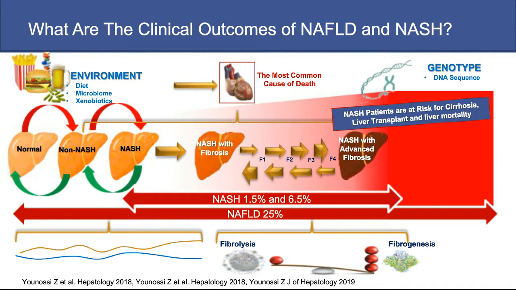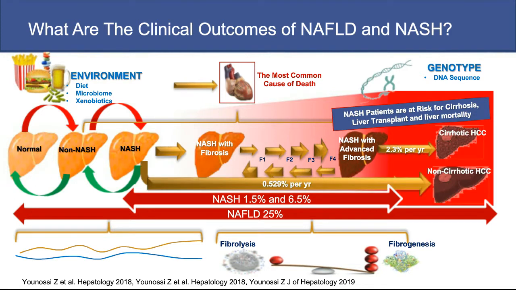Now, patients with non-alcoholic steatohepatitis can also develop liver cancer. In the cirrhotic patients with NASH or patients with advanced fibrosis, that rate is about 2.5% per year, which is probably about half of what you see in a patient with hepatitis C-related cirrhosis.